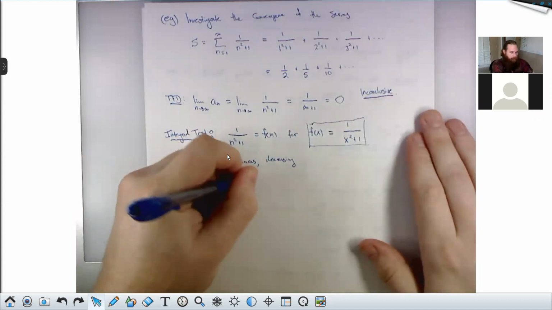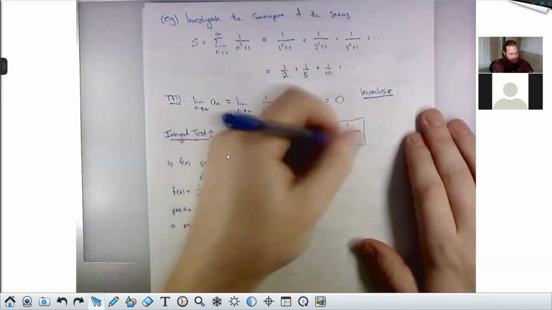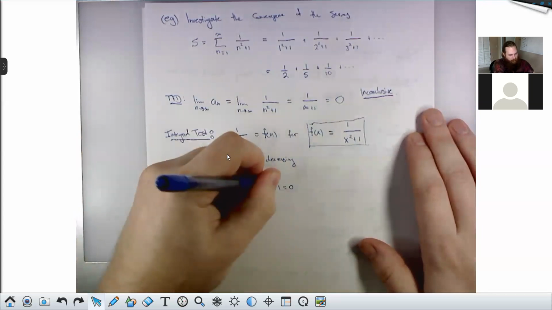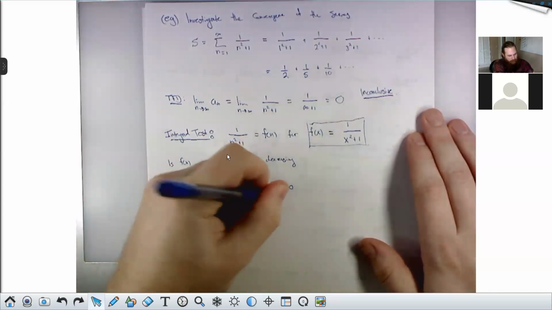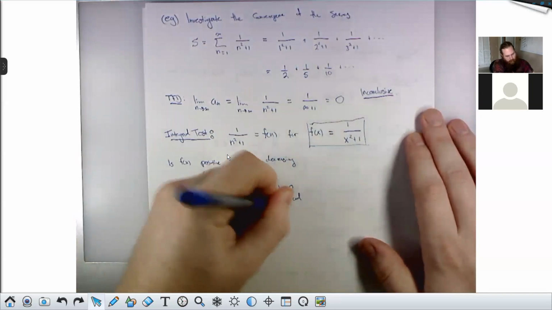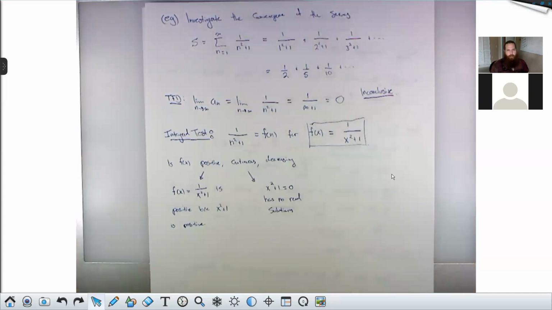Continuous? Yes. Because x squared plus 1 equals 0 has no real solutions. Right? There is no number that will make the denominator 0. And that's the only way this thing could fail to be continuous, is if the denominator was 0. So it is continuous.